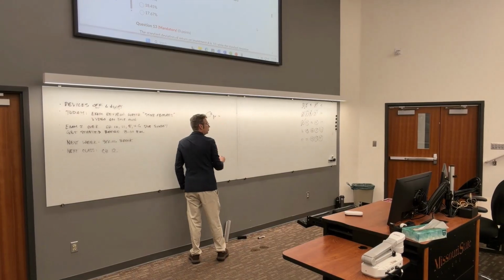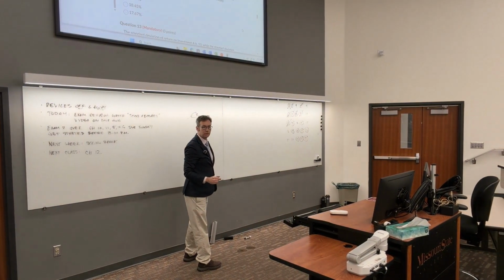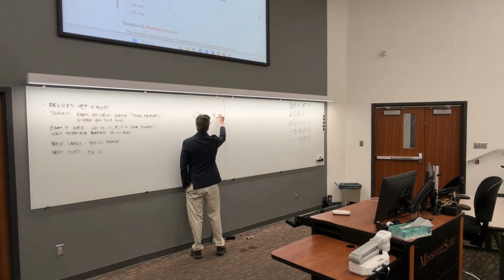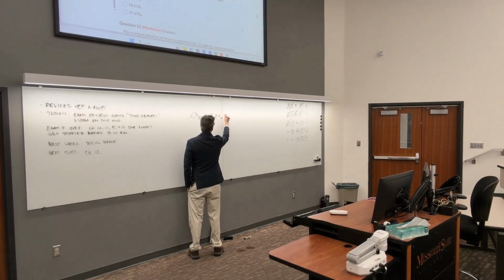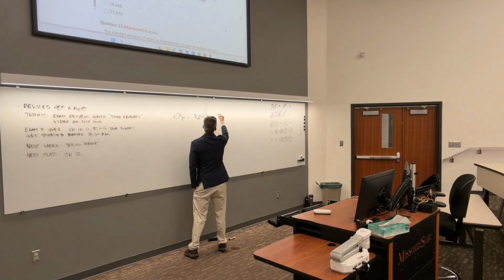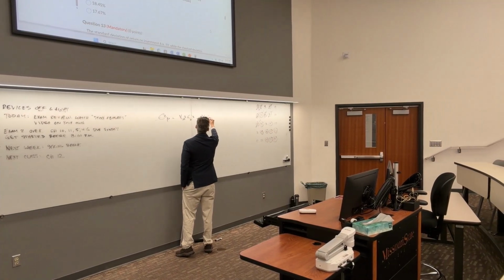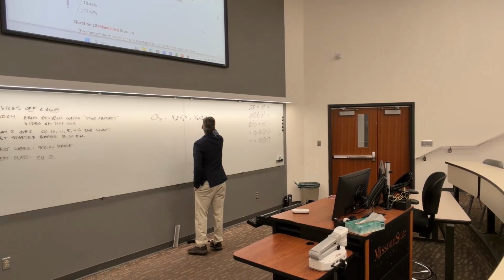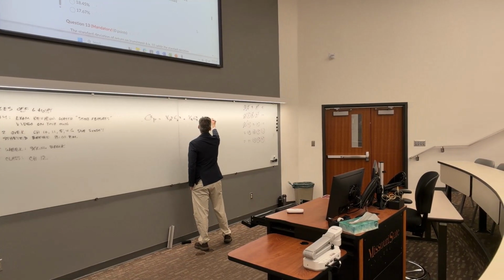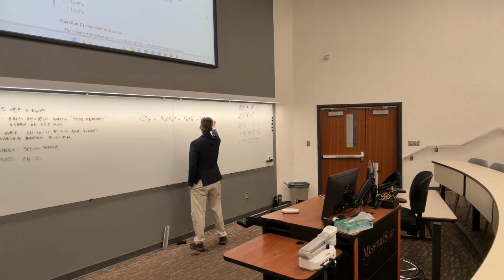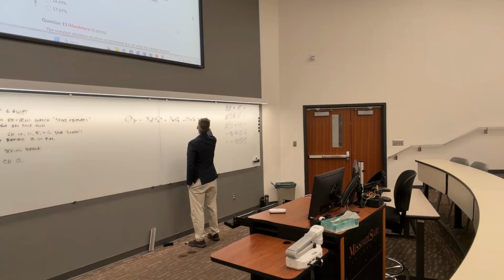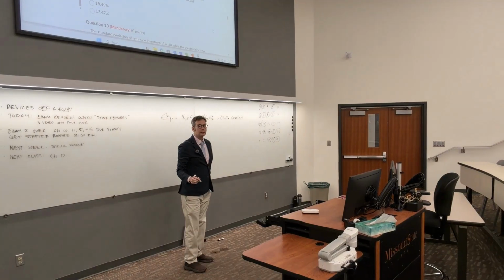The variance on the portfolio, and tell me if I get the formula wrong here, is equal to XA squared variance of A plus XB squared variance of B plus 2 XA XB covariance of A with B. Does that look right?